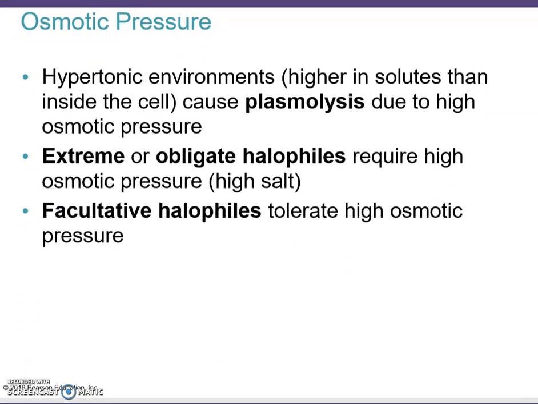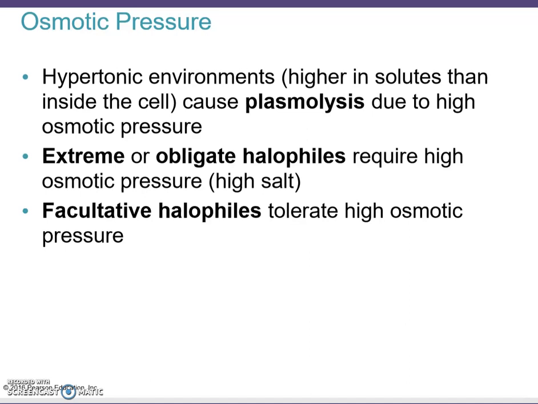As far as osmotic pressure is concerned, there are not many organisms that can thrive in a hypertonic environment. So let's take a look at what happens when you are placing an organism in a hypertonic environment. That means we have a high concentration of dissolved particles in the environment, and that usually causes plasmolysis due to high osmotic pressure.